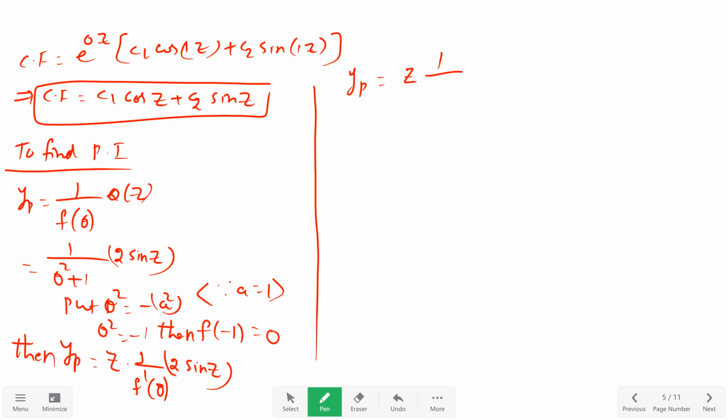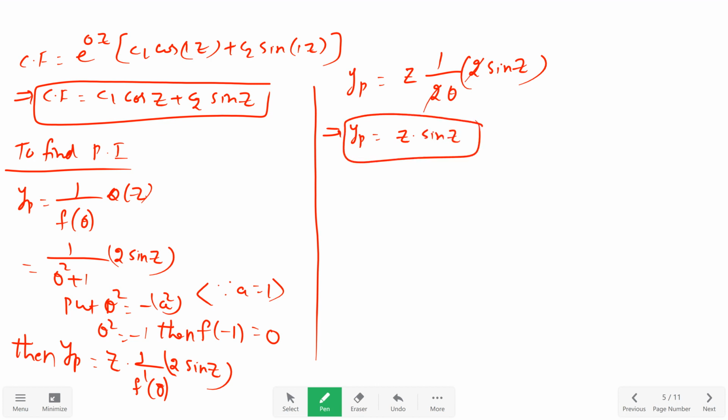So f dash theta means the derivative of theta square plus 1, which is 2 theta, into 2 sin z. Here the 2 gets cancelled. So the particular integral yp is equal to z into sin z. This is the particular integral for the given equation.